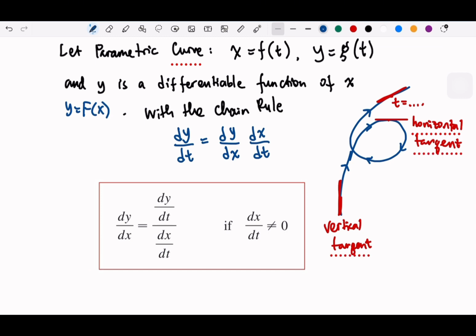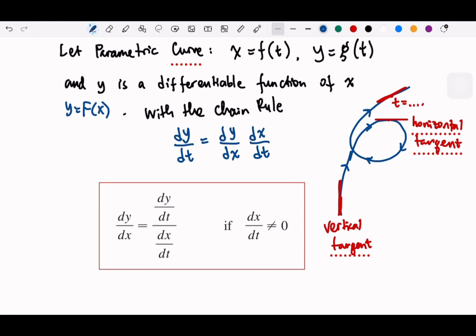So we need to know what the t is here, and what the t is here. But to find the vertical or horizontal tangent, we need to remember from calculus 1 that we say horizontal when the gradient is 0. And we say vertical, remember, if you use the limit? Yes, so we could take the same approach.